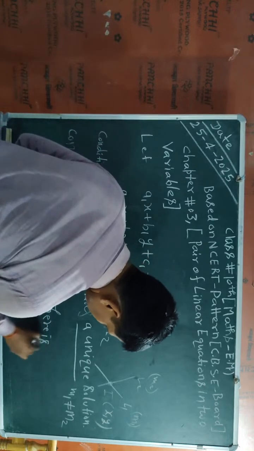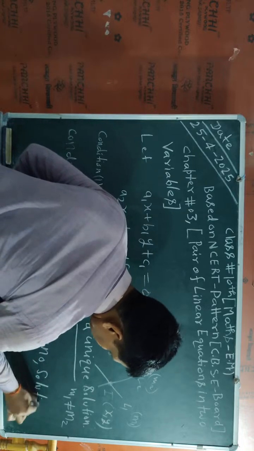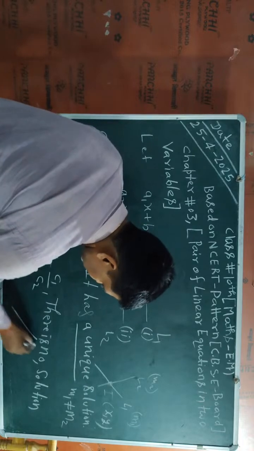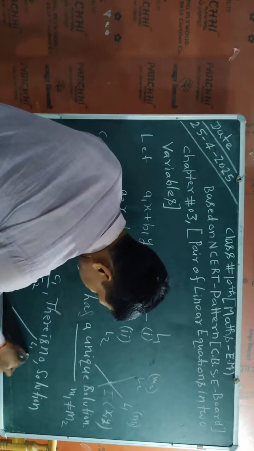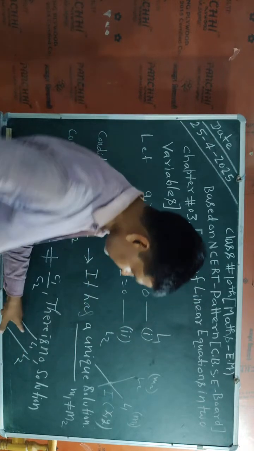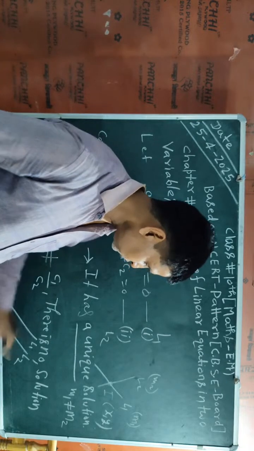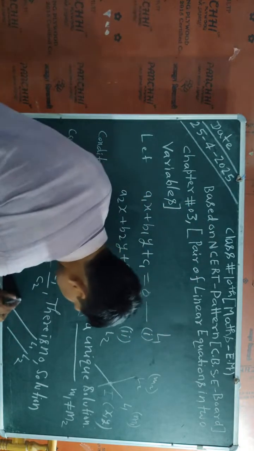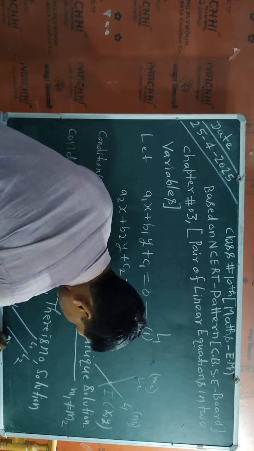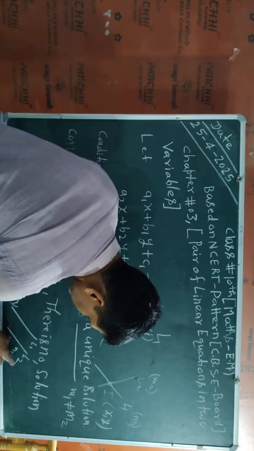There is no solution. It means I can draw one line going like this, whose name is L1, and another line also parallel to this, L2. This line has slope m1 and this line has slope m2.